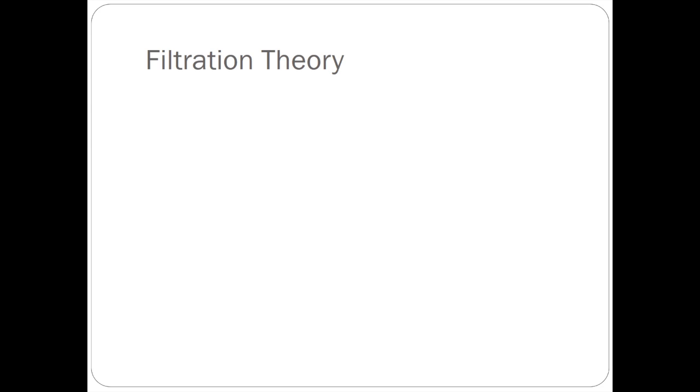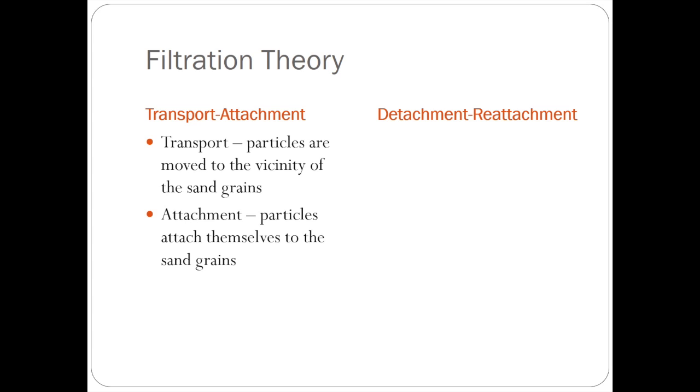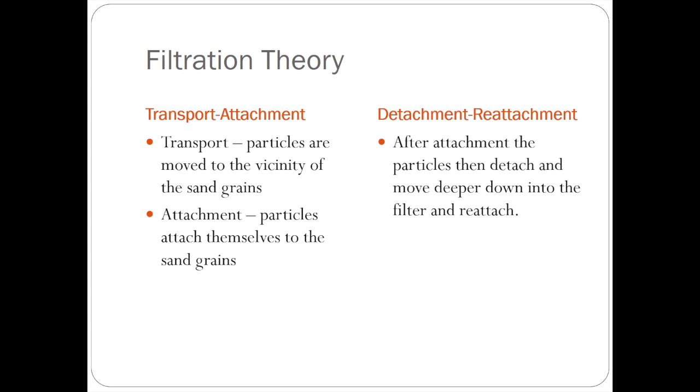Filtration depends on two main steps: transport, and attachment and detachment-reattachment. First, particles are transported to the vicinity of the sand grains. Then the particles attach themselves to the sand grains. After attachment, the particles detach, move deeper down into the filter, and reattach.